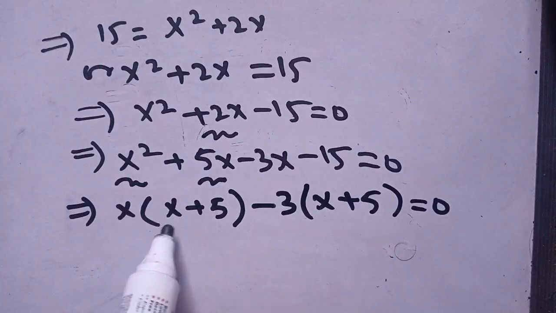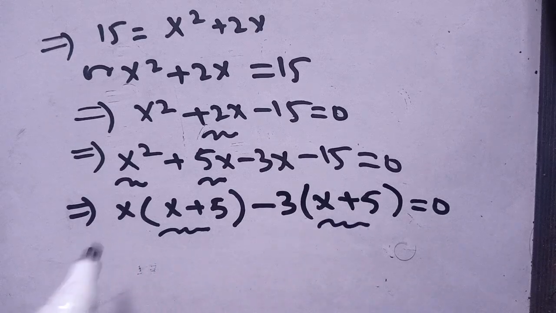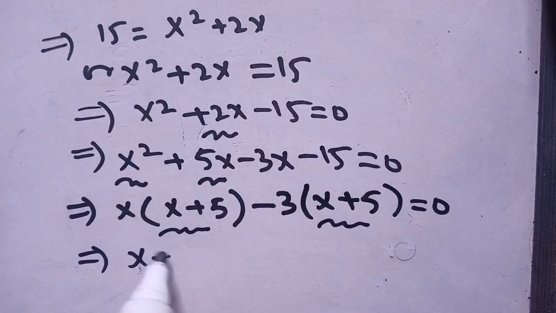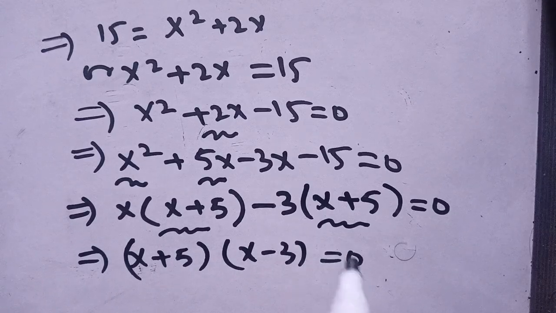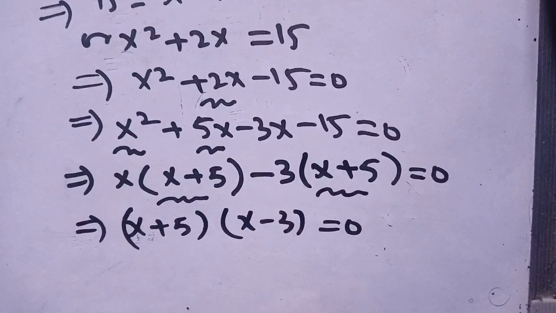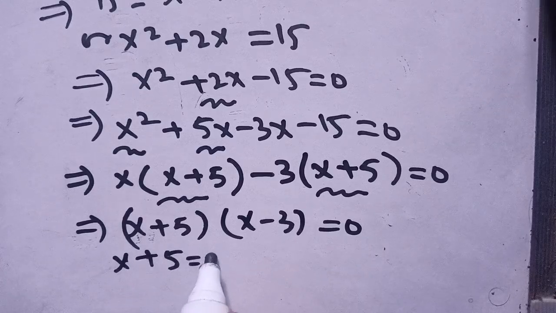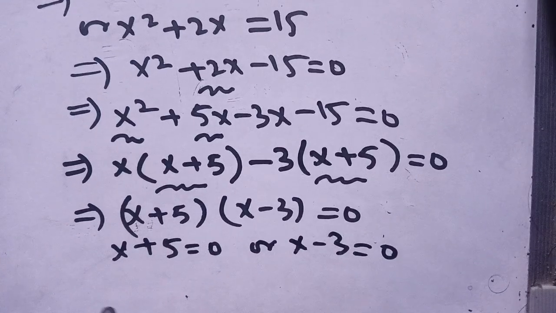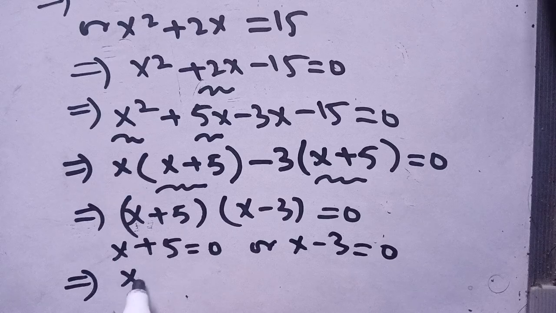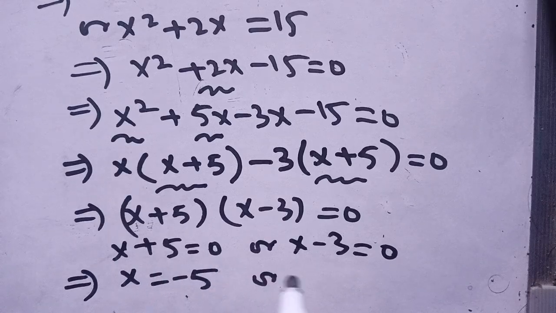Now we take x plus 5 common from both terms, and we get x plus 5 times x minus 3 is equal to 0. Now here are two terms. The first term is x plus 5 and the second term is x minus 3. On equating both terms to 0, we get x plus 5 is equal to 0 or x minus 3 is equal to 0, which implies x is minus 5 or x is plus 3.